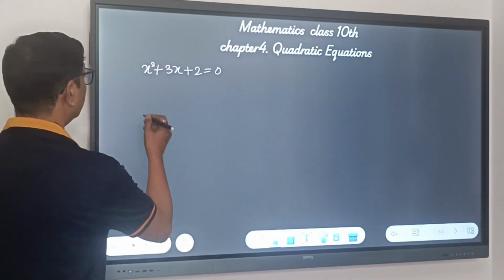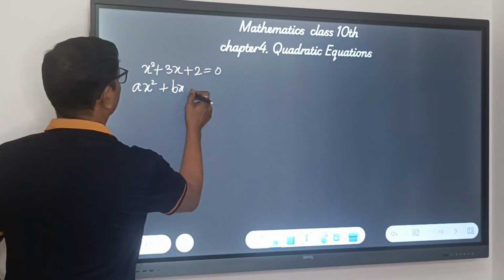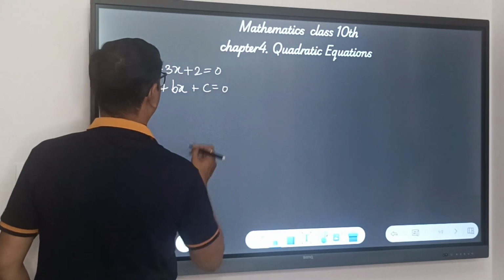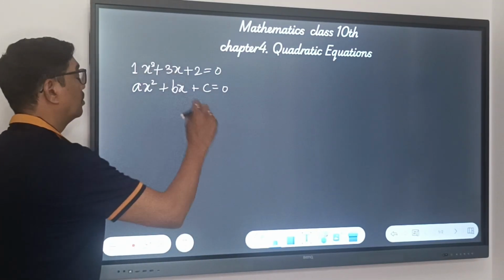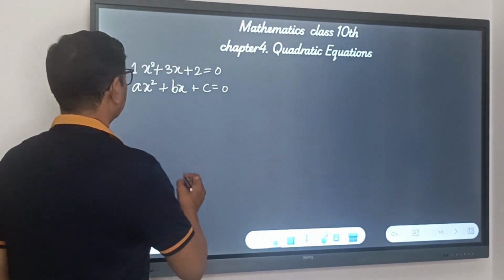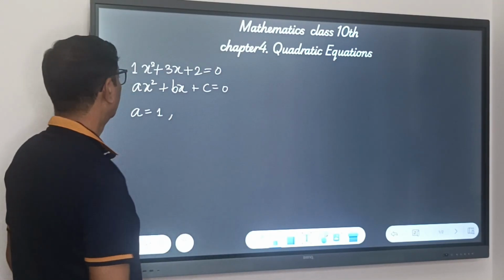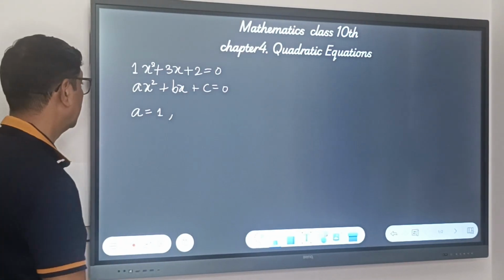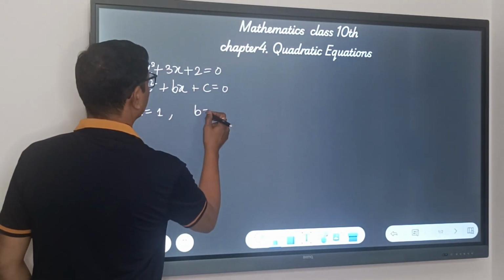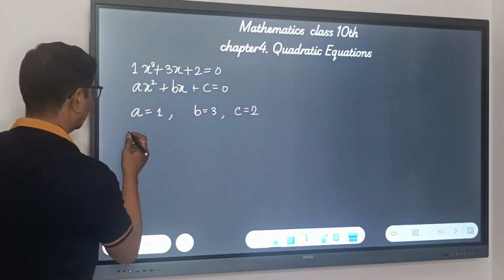If you compare with the general equation, ax square plus bx plus c is equal to 0. If nothing is there, the coefficient should be written as 1. So now a is equal to 1, that is the coefficient of x square. a is equal to 1, b is equal to 3 and c is equal to 2. So a is what?